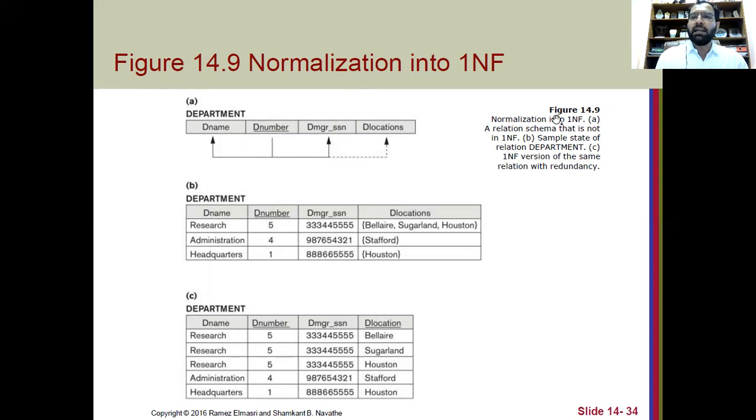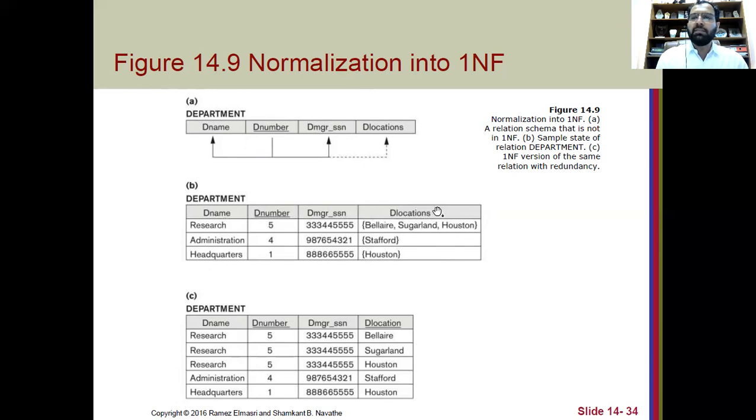So normalization into 1NF: you can see a relation schema that is not in 1NF. Then in B, you can see that you have various values in D name, and the department numbers and SSN values 5, 4, and 1. And here in the location, please see the first tuple: it has more than one location.